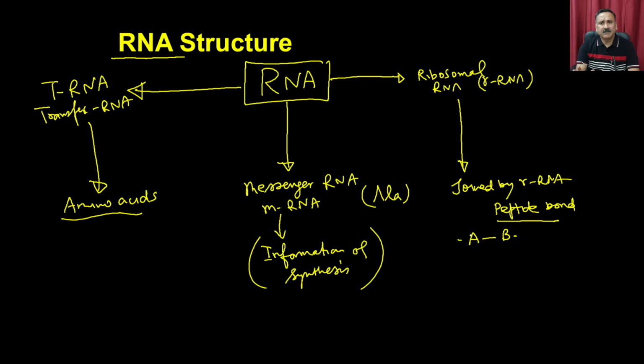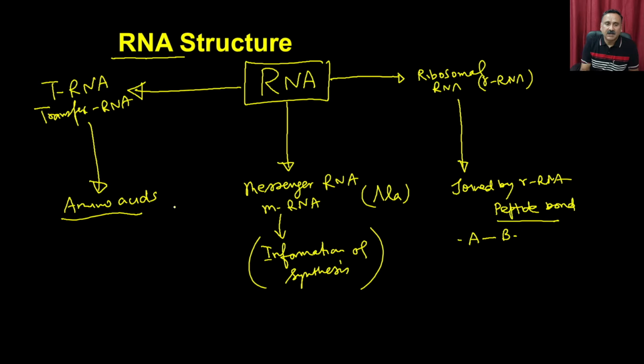So this is a brief overview of the function of these RNA species. One, the messenger RNA is going to provide the message, the information of synthesis, in what sequence I should add the amino acids, and also which amino acid.